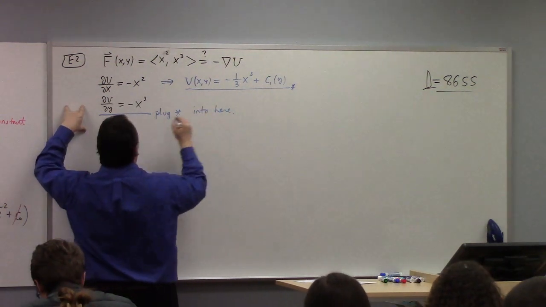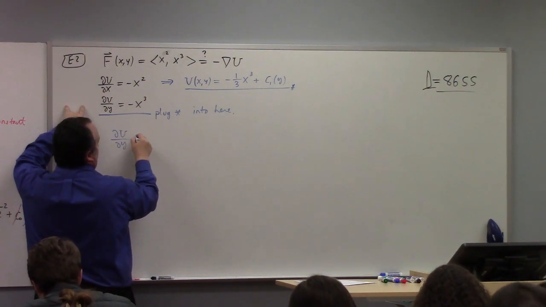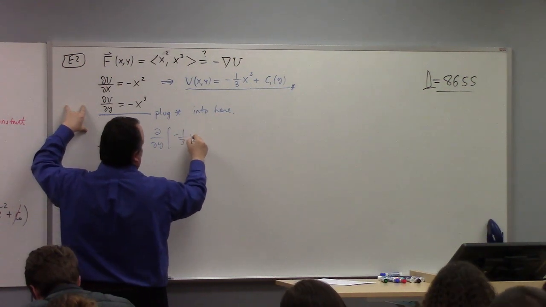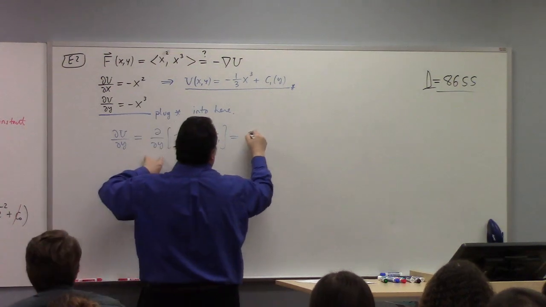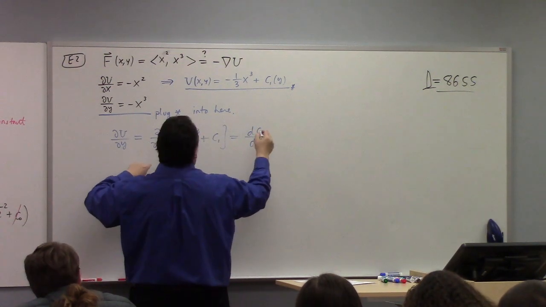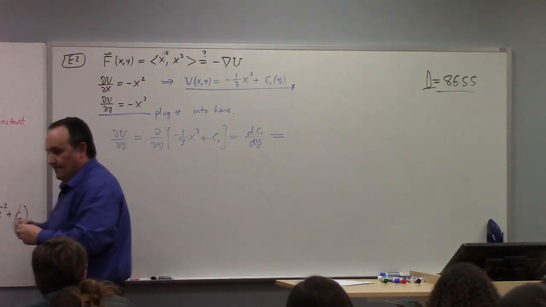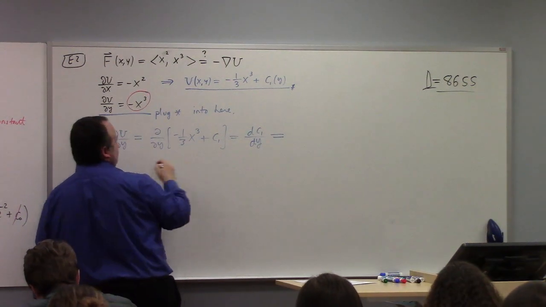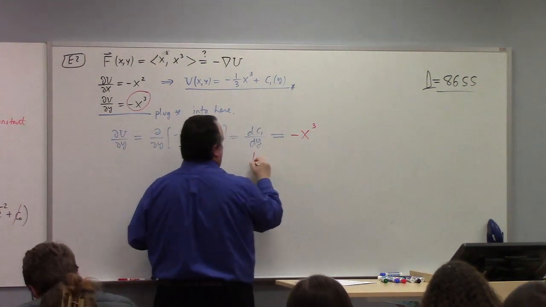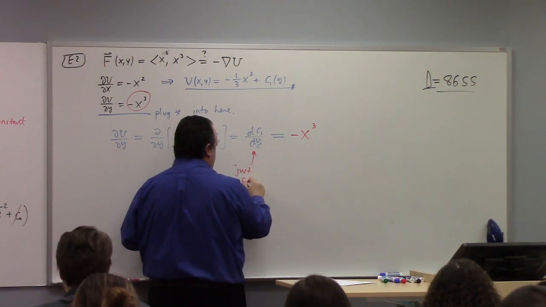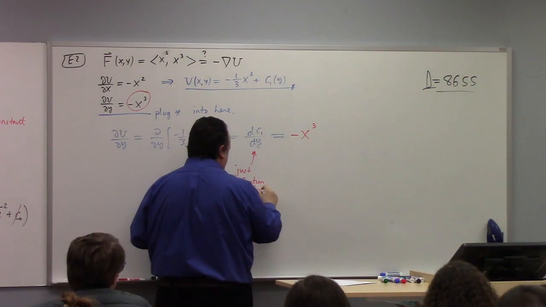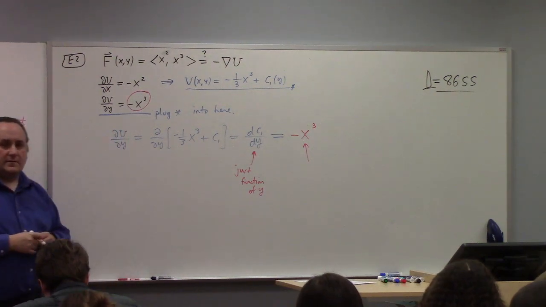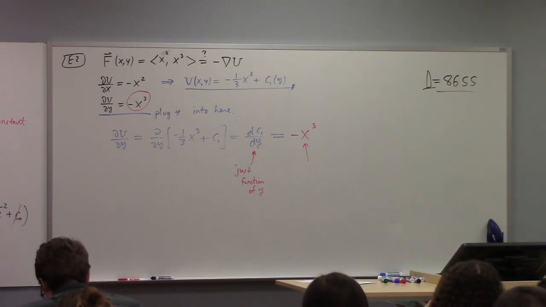We get partial u partial y equals dc1 dy, and that's supposed to equal minus x cubed. But this is just a function of y, and over here, oops, this is absurd. You can't have this.